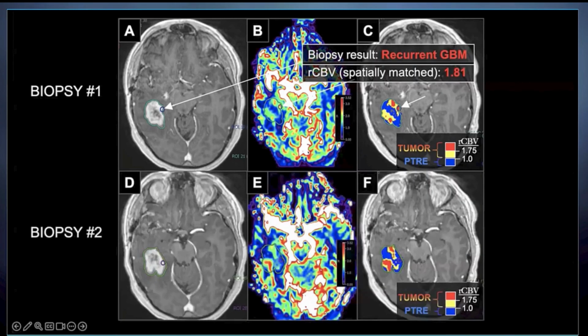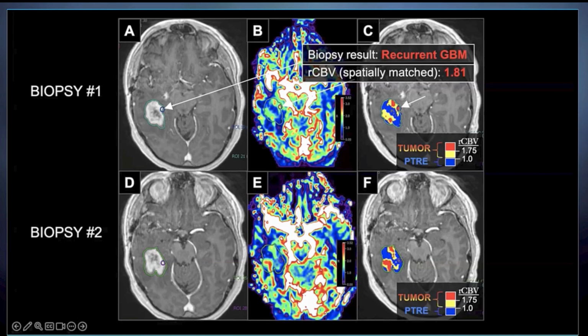Now, during that same surgery, the surgeons took another biopsy from a more posteromedial aspect of the enhancing lesion. And we can see here that that particular biopsy location, number 2, corresponded with an area of lower rCBV, shown here as bluish green.